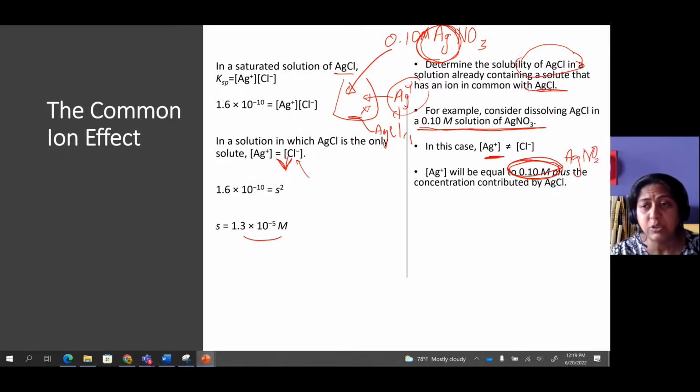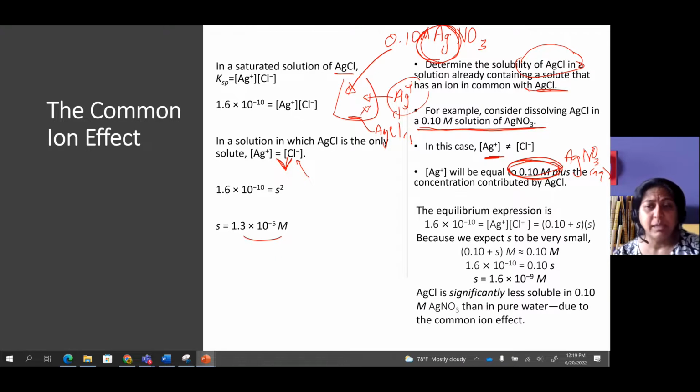Silver nitrate is a salt, so it completely dissociates into its ions. So now we add these things.